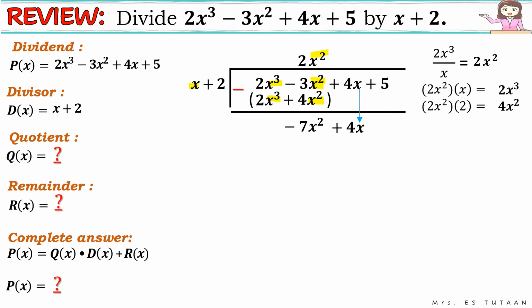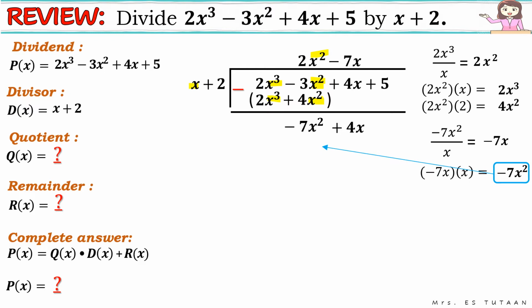So, meron na tayong 2 terms dito. We will repeat the process. So, we have negative 7x squared divided by x. So, that will give us negative 7x. So, susulat natin yan dyan sa taas, align sa x term. So, we have negative 7x times x.